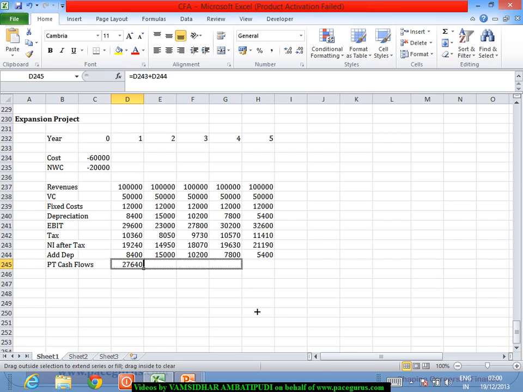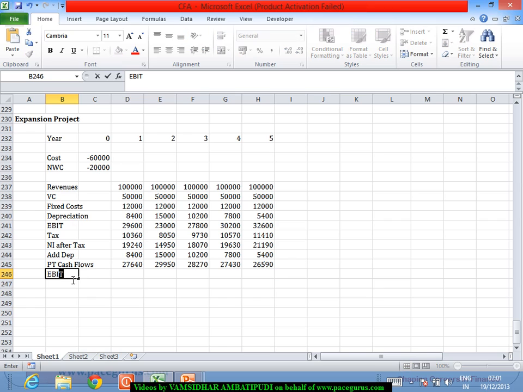Post-tax operating cash flows are working out to be these numbers. The same way I get my post-tax operating cash flows by doing EBIT into 1 minus T, 35% is the tax rate, plus the depreciation.